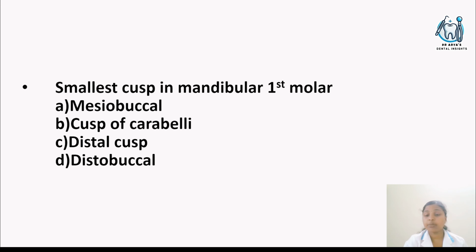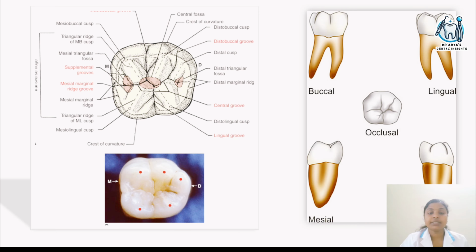Smallest cusp in mandibular first molar: is it mesiobuccal, cusp of Carabelli, distal cusp, or distobuccal? The permanent mandibular first molar shows five cusps. This is the mesial side and this is the distal side. Mesiobuccal is the largest and longest cusp, followed by mesiolingual. This is the mesiolingual and this is the mesiobuccal.